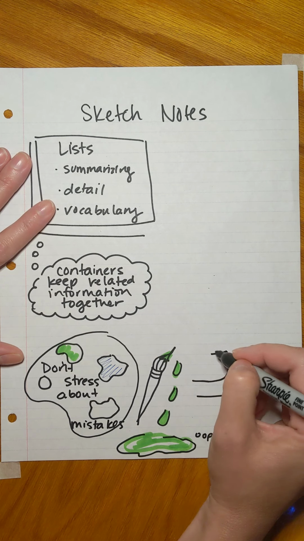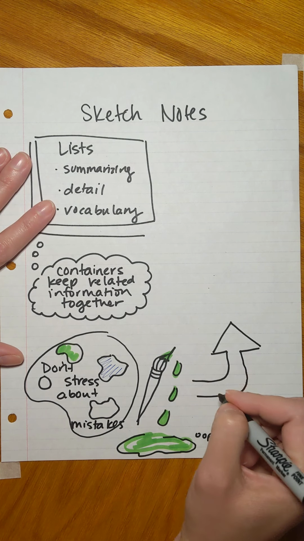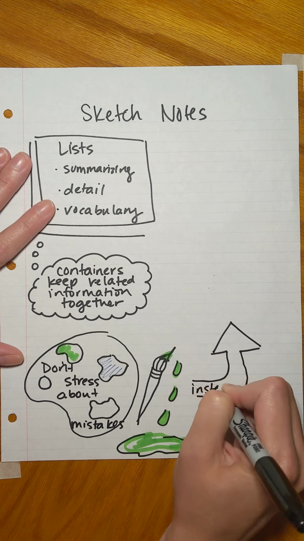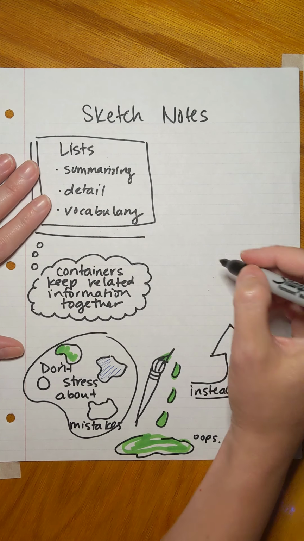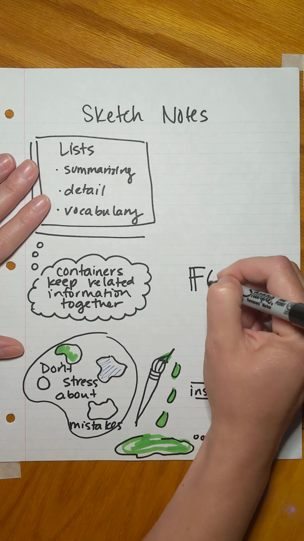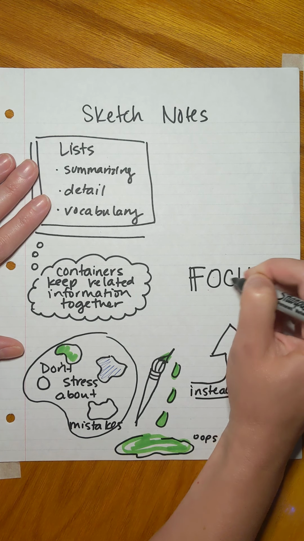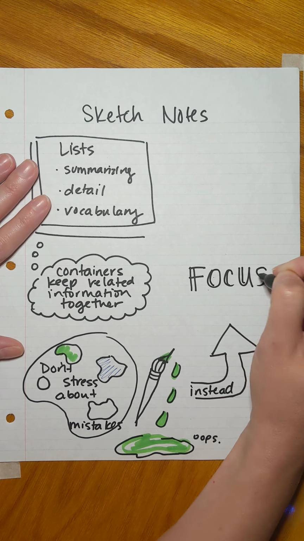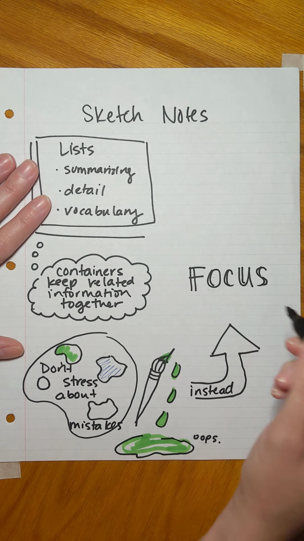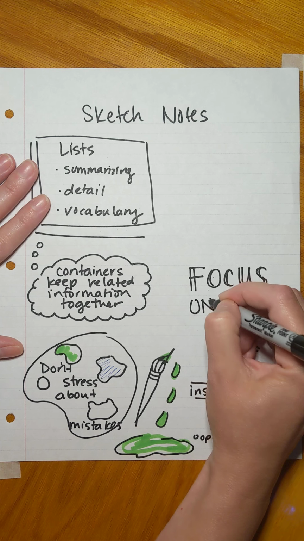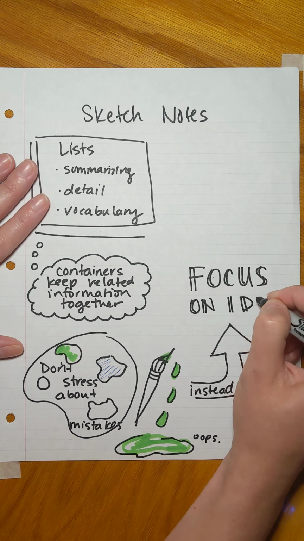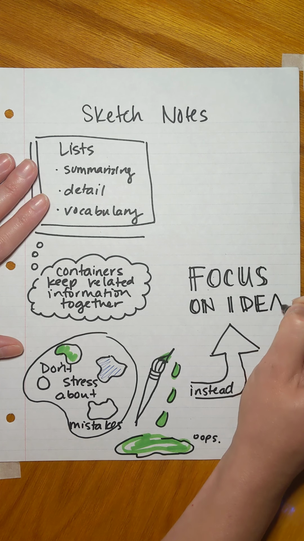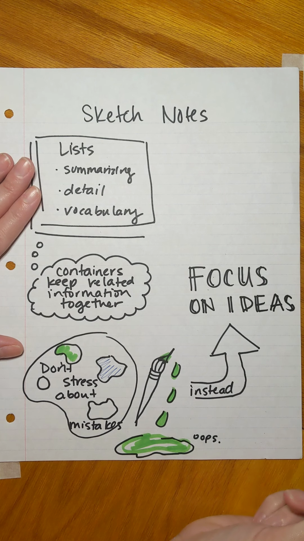What will we do instead? We will use arrows, which are nice to use to connect our ideas. We will instead focus. So I'm using a little bit of a different font there. Focus on ideas. The whole point of this is to be summarizing and remembering our knowledge.